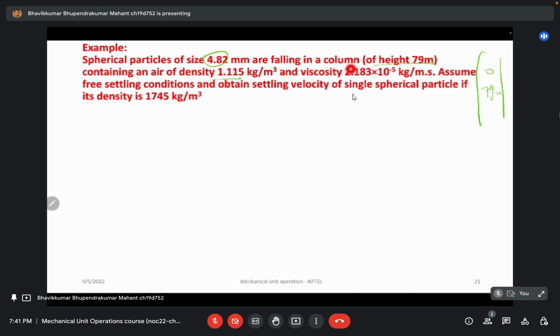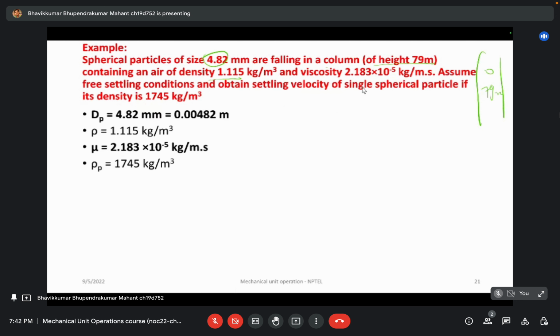The viscosity of air is 2.183 into 10 to the power minus 5 kilogram per meter second. Assume free settling condition and obtain the settling velocity of the single spherical particle if its density is 1745 kilogram per meter cube. So here the particle density is given, and they ask us to consider free settling and find the settling velocity.